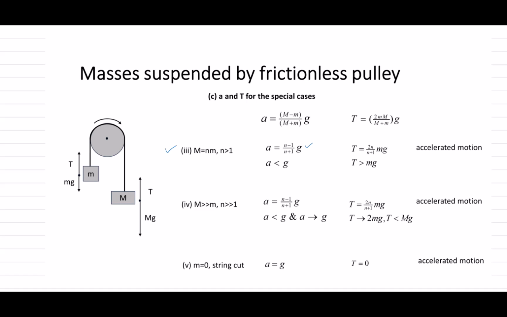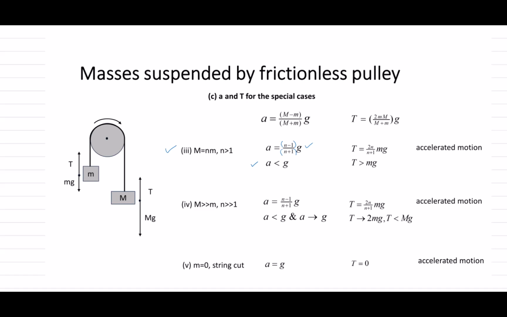You should get a equal to (n minus 1) over (n plus 1) times g. If you look at this number, n minus 1 will always be lower than the denominator n plus 1, and for that reason, acceleration in such a system will always be less than the value of g.